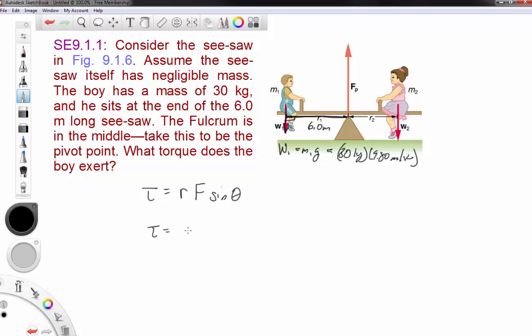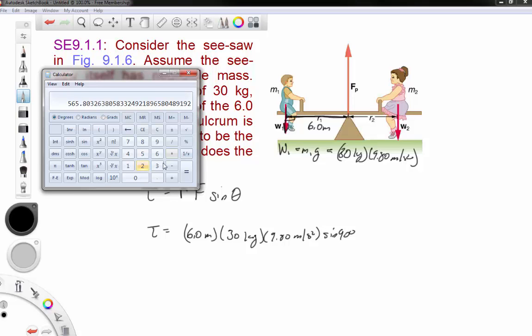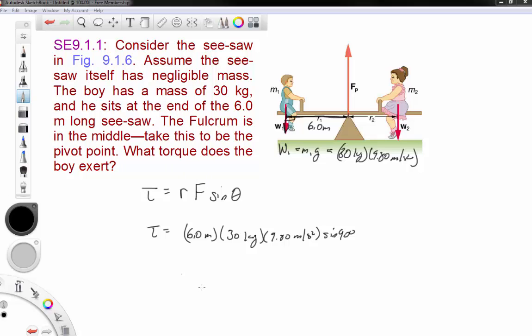So the total torque is 6.0 meters times 30 kilograms times 9.80 meters per second squared times the sine of 90 degrees. Throwing that into the calculator, 6 times 30 times 9.8, and the sine is just 1, gives a total torque of about 1800 newton meters.